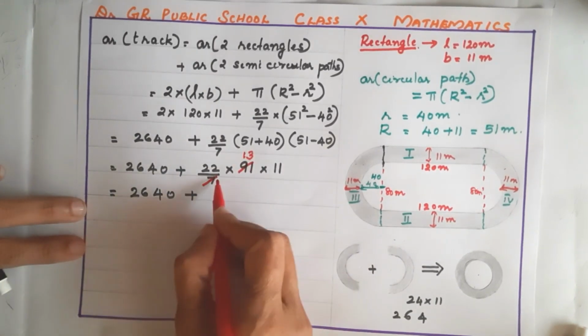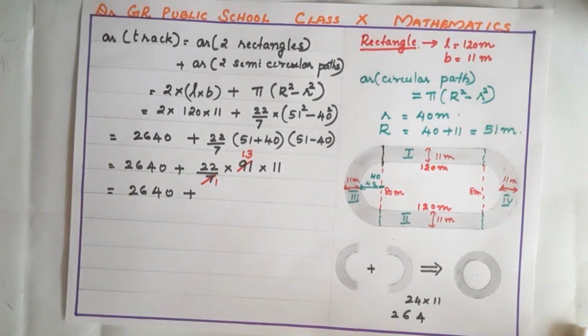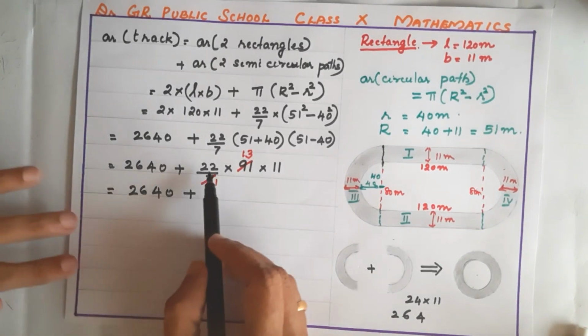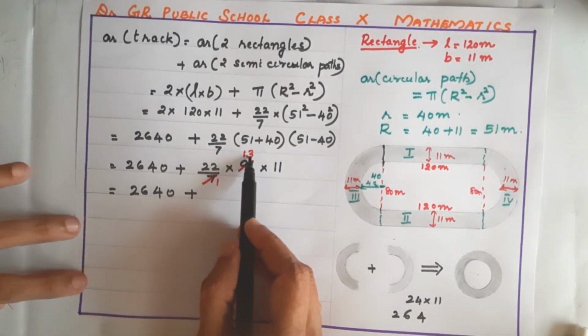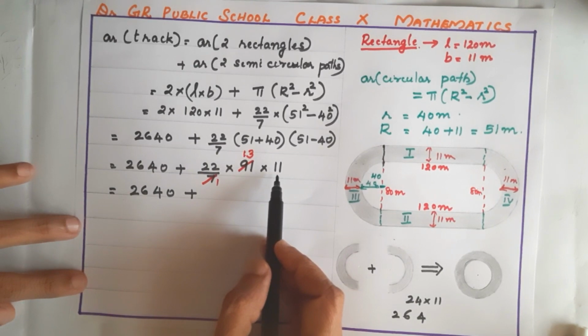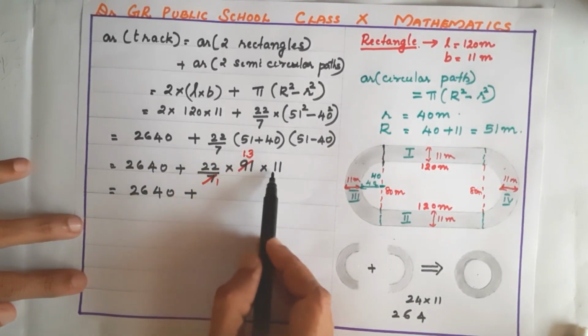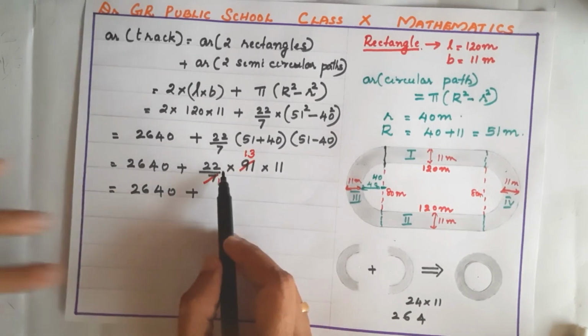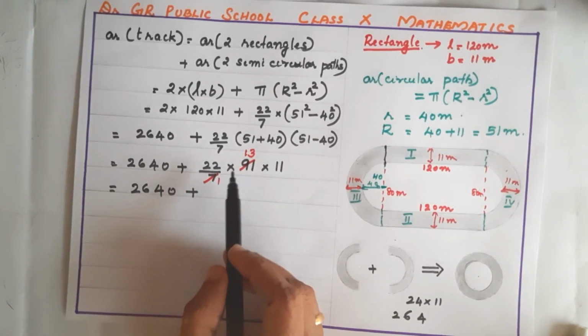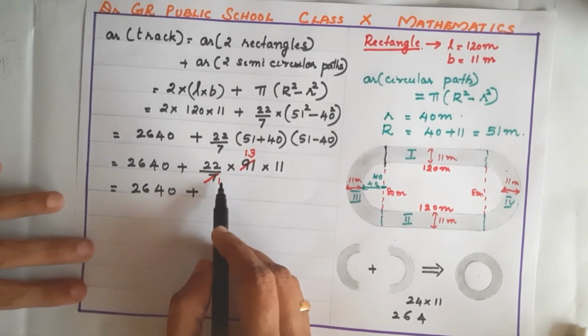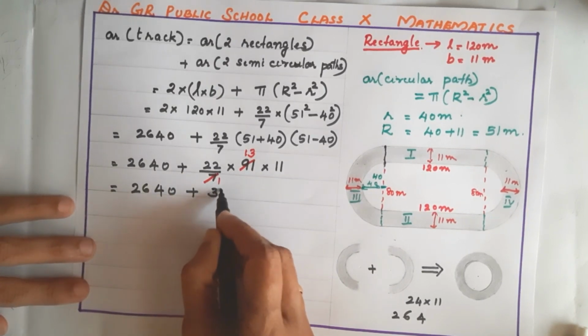So 13. Okay. Now what is remaining? 22 into 13 into 11. So 13 into 11 is 143. 143 into 22 is 3146.